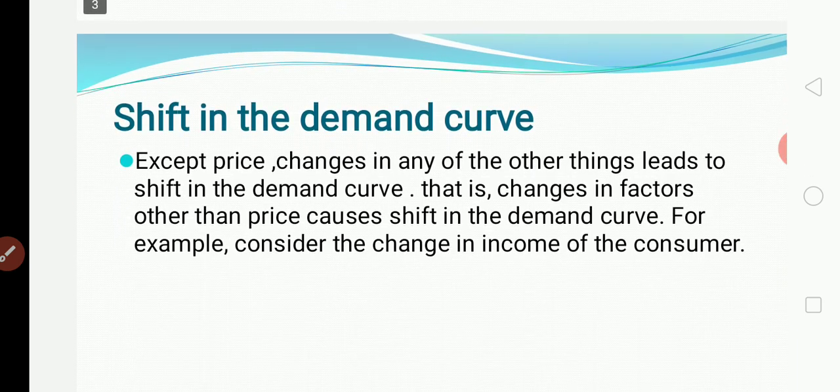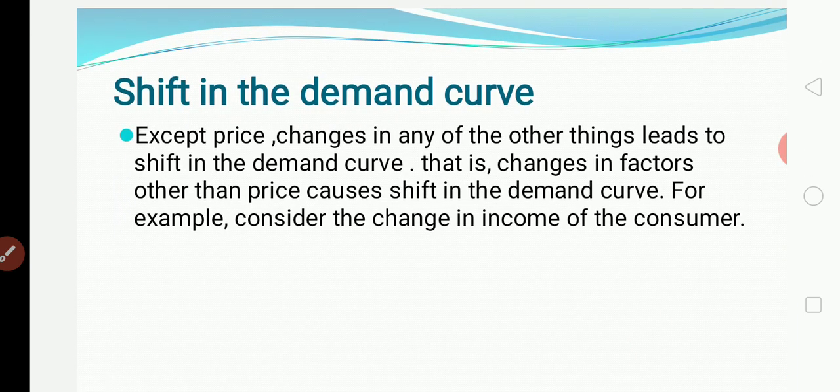That is, on the other hand, changes in any of the other determinants. Already I told you the determinants are price of the other goods, income of a consumer, taste and preferences. These are the 4 determinants. In that, number 1 we have seen price.